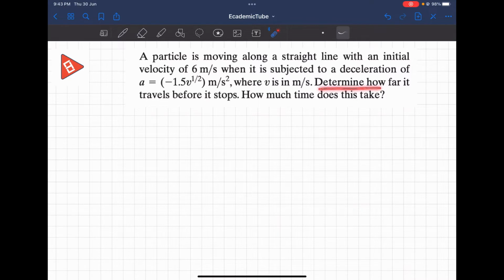Determine how far it travels before it stops, and how much time it takes.